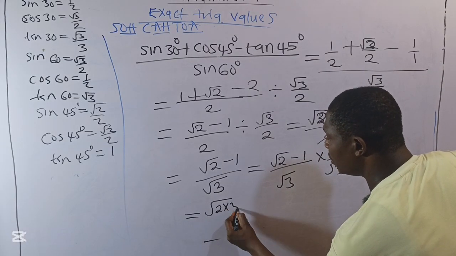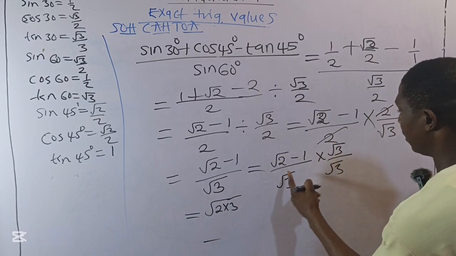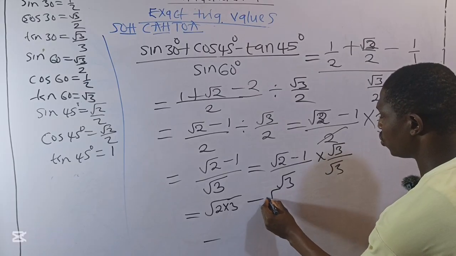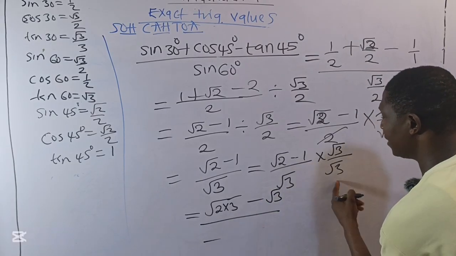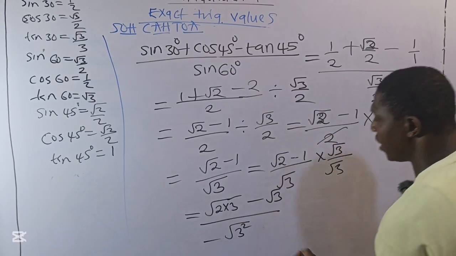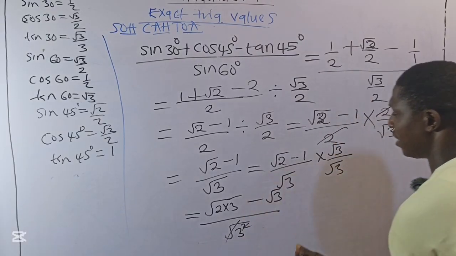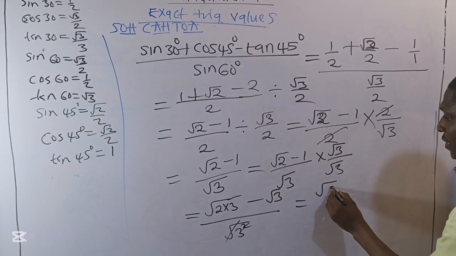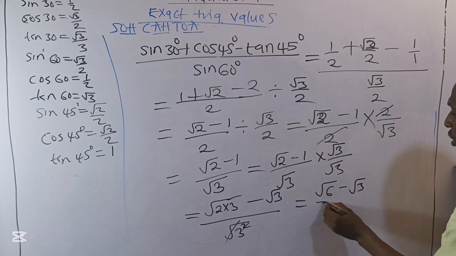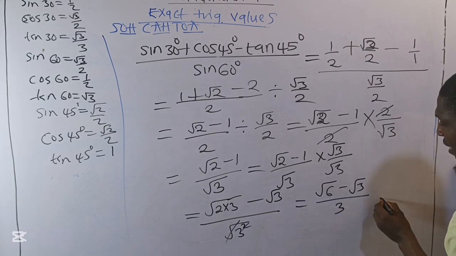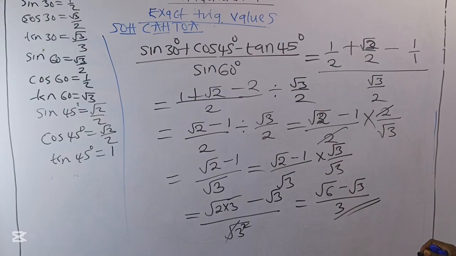Root 2 times what? 3, taking one root. And this times this will give me minus what? Root 3. All over, this times this will simply give me root 3 squared, which is 9. So square can cancel square roots. This is not minus, please. So this will give me root 6 minus root 3 all over what? 3. And this cannot be simplified further, and this is my what? Answer.